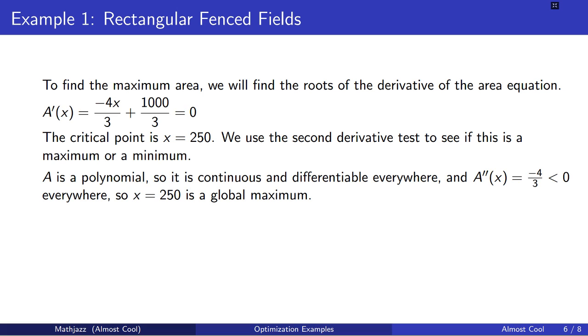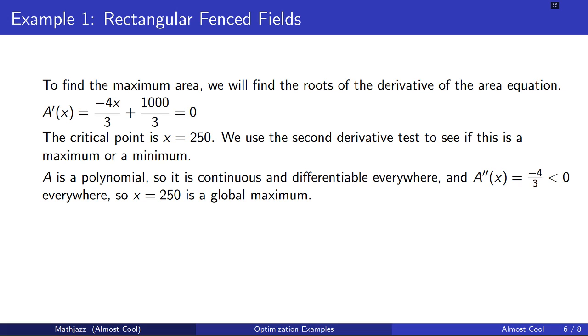But since A is a polynomial, and so it's continuous and differentiable everywhere, knowing that the second derivative is the constant negative function, negative 4 over 3, tells us that x at 250 is a global maximizer for this equation.